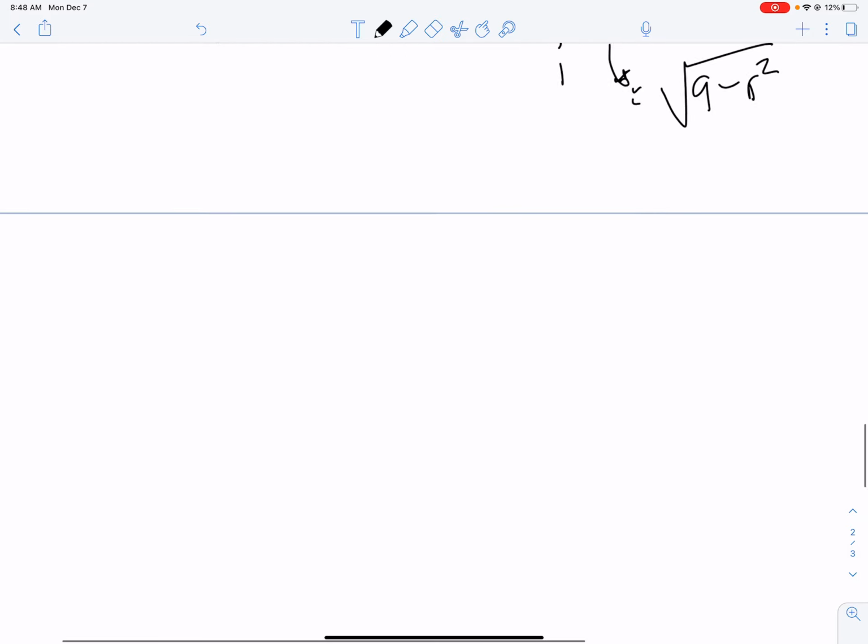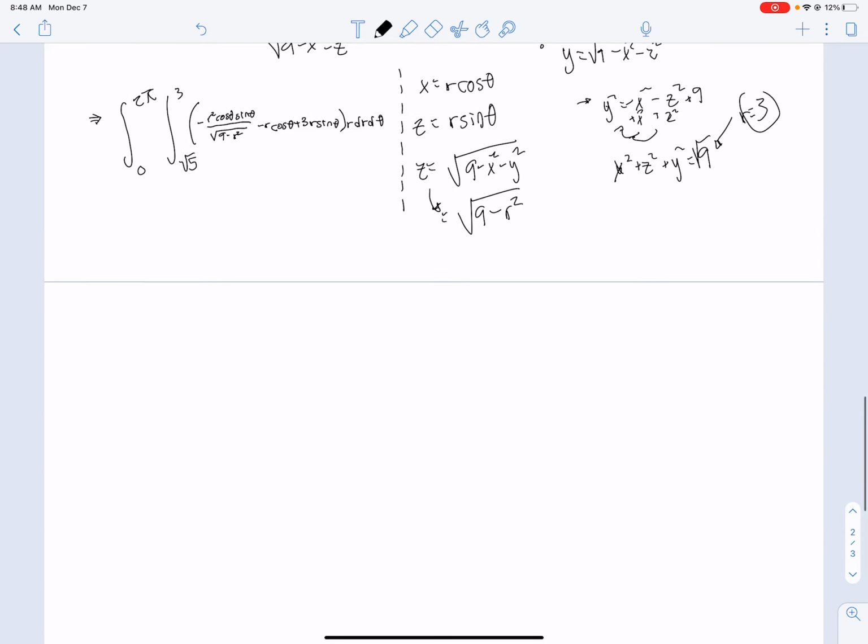And I'm going to jump to the next page for some room here. So we can start solving the first one.